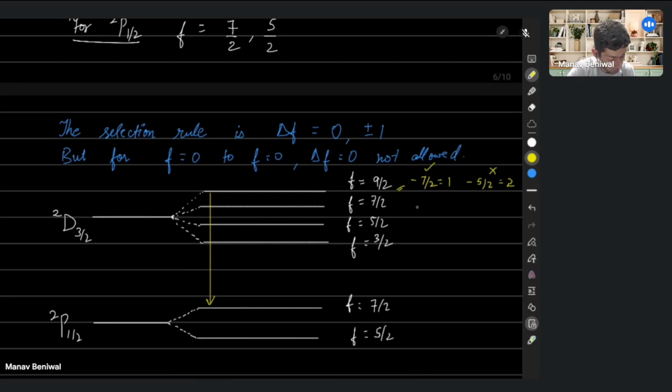Now for 7/2, minus 7/2 is 0 and minus 5/2 is 1. So this is allowed and this is allowed. So both of them are allowed. Here minus 7/2 is minus 1 and minus 5/2 is 0. So again both are allowed.